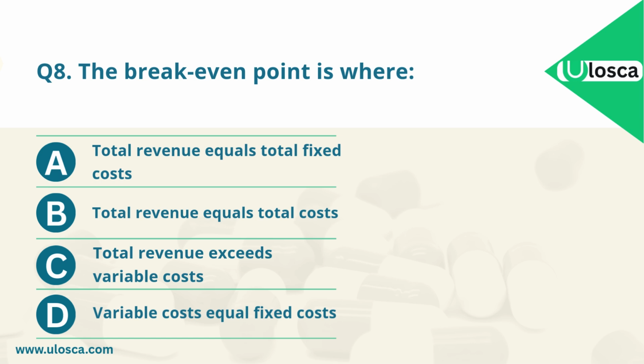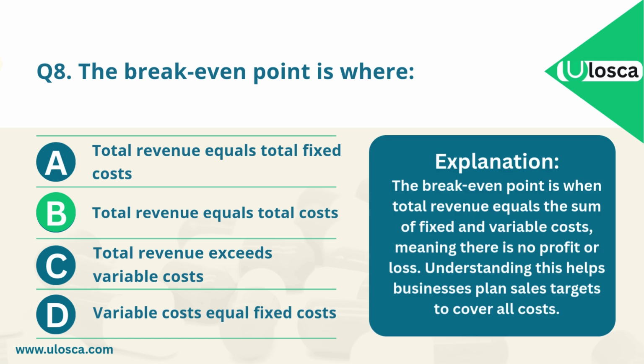The correct answer is B. Total revenue equals total costs. Explanation. The break-even point is when total revenue equals the sum of fixed and variable costs, meaning there is no profit or loss. Understanding this helps businesses plan sales targets to cover all costs.